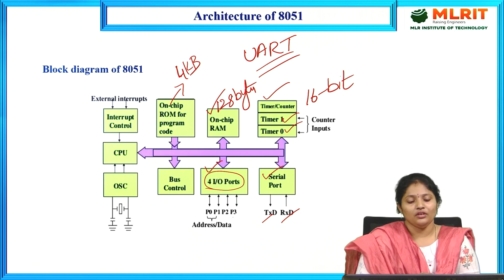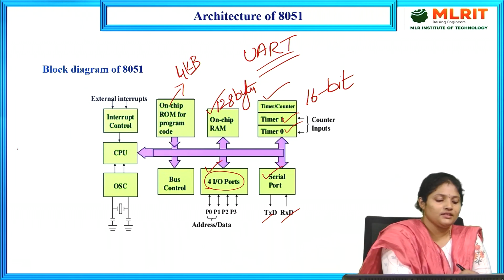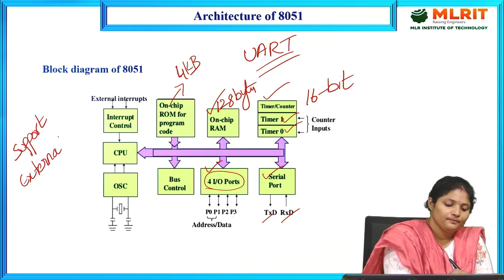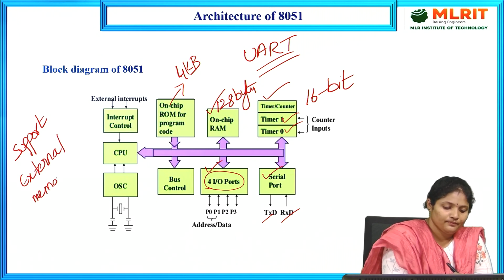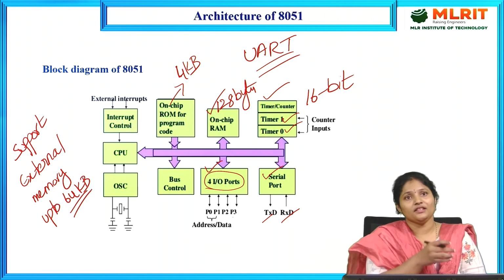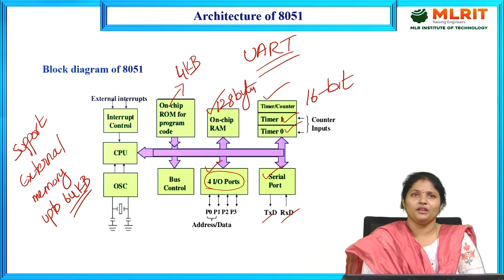Not only this, 8051 can support external memory up to 64 KB. It can support external memory up to 64 KB for RAM and ROM, both program and data.